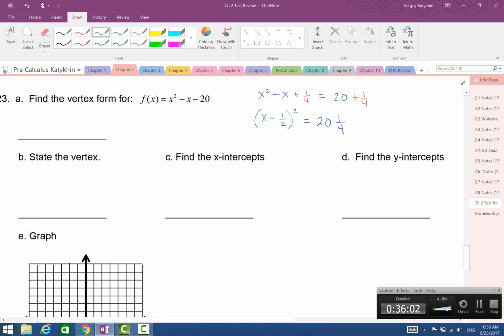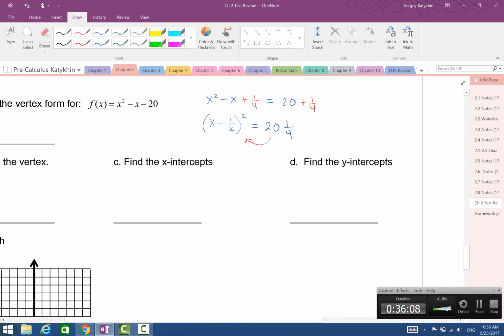Now bring that back to the other side, and we get the following. F of x is equal to x minus 1/2 squared minus 20 and 1/4.